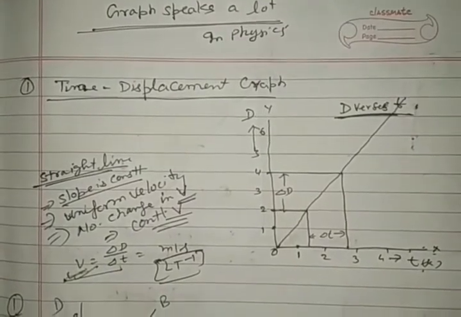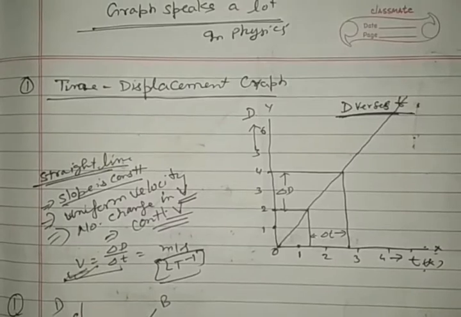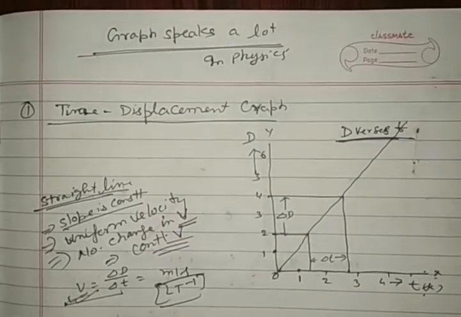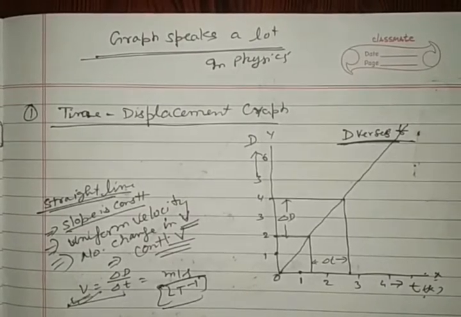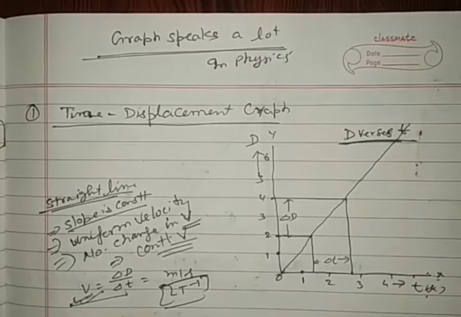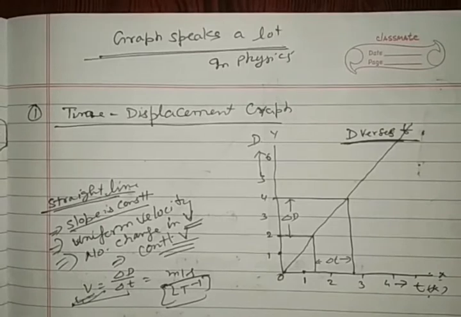In the beginning I told you that in physics, a graph speaks a lot. We are in the process of understanding the graph, and how with the help of this graph we can clearly understand the fundamentals of the physics of motion in one dimension.